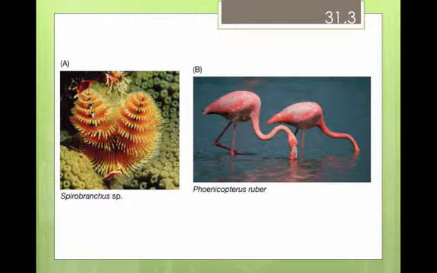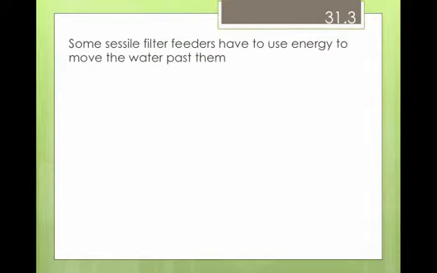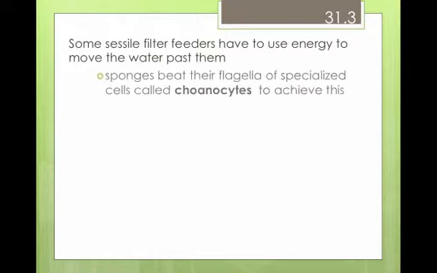So the motile part of this is, first of all, that they can move, and that they stir their environment to get the organisms, while on the left, these sessile aquatic feeders rely on the ocean current to stir the water around them in order to get their food. Some sessile filter feeders have to use energy to move the water past them.